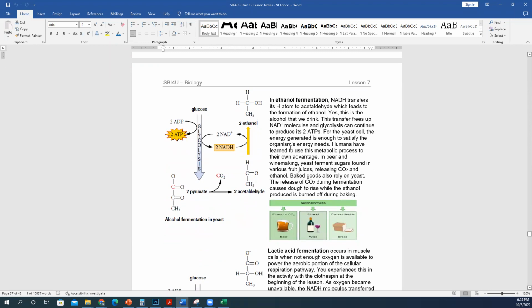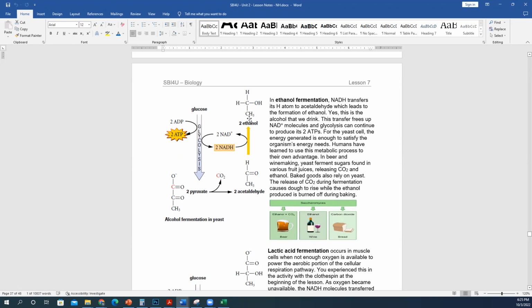In ethanol fermentation, you have NADH, which transfers its hydrogen atoms to a molecule called acetaldehyde, which then leads to the formation of ethanol. So NADH passes on its hydrogen to acetaldehyde and gets converted to NAD plus, and as a result, you have this molecule of ethanol.